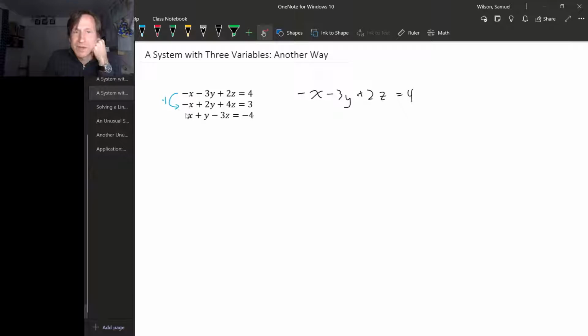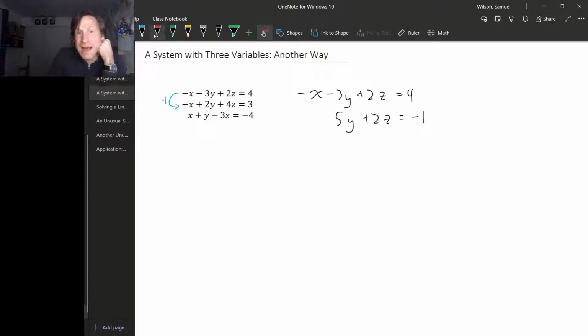So let's see, minus x in the second equation minus negative x, so that's no x's, and then 2y plus 3y, so that's 5y, and then 4z minus 2z, that's plus 2z, and then on the right hand side 3 minus 4 is minus 1.